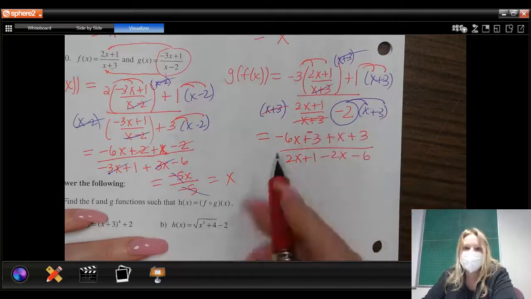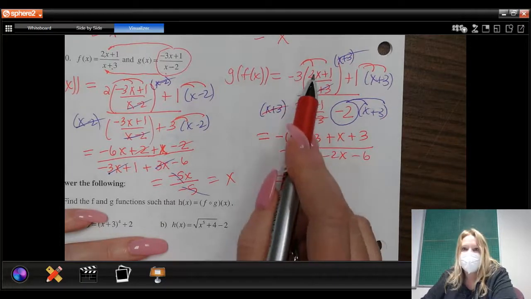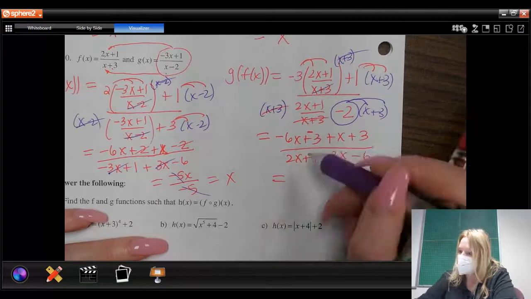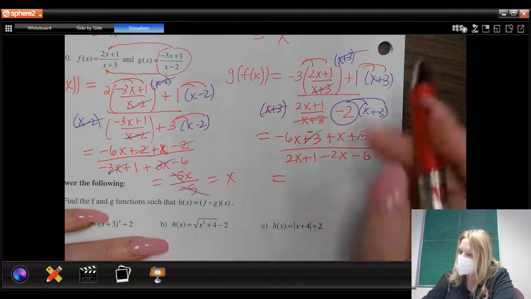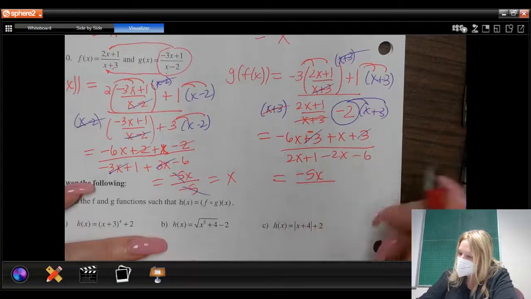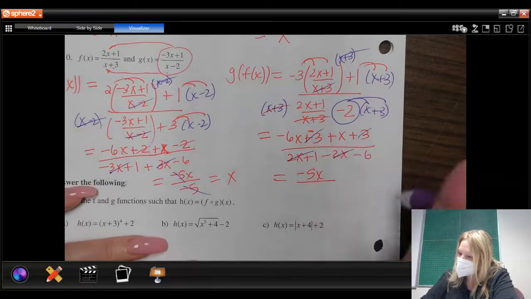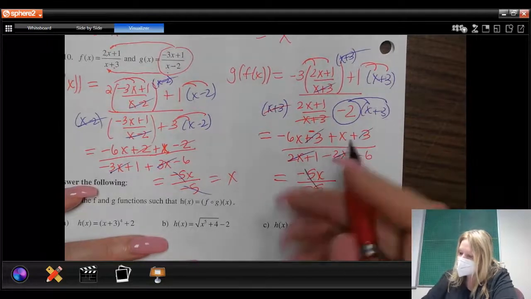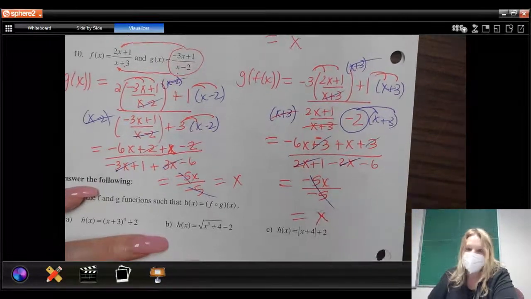There we go. So when I distribute here, negative 6x minus 3. Okay, because now those cancel. I get negative 5x. Those cancel. And then my negative 5's cancel, and I have x.